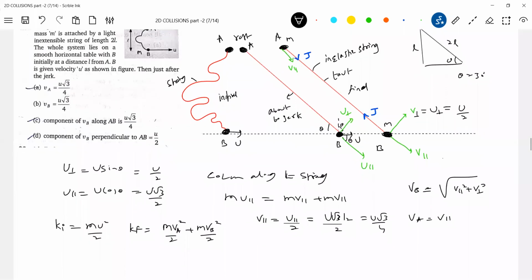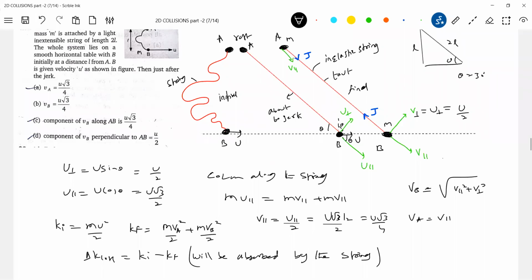So here the loss in kinetic energy, delta K, is K_i minus K_f, and will be absorbed by the string. You have to be very careful about these conceptual things. The heat generated will be absorbed by the string.